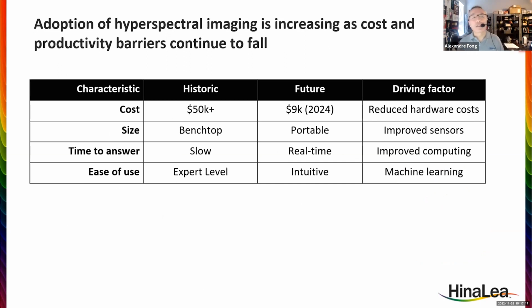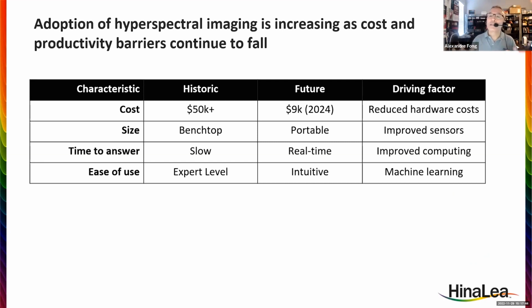Costs continue to come down with hyperspectral imaging technology. In the past, these monster units, very large, used to be over $50,000 to $100,000. They were made for laboratory use only. They took a long time to collect the data. You needed a PhD to understand what the data meant, because there was so much of it, and it was complicated as spectra, so you needed to be a spectroscopist.